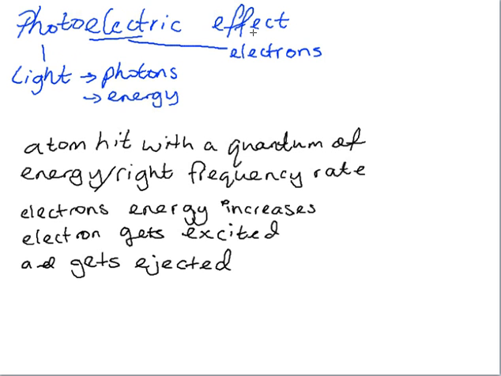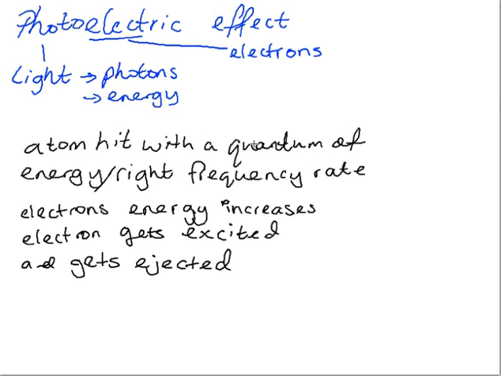So the photoelectric effect is actually when you hit an atom with a quantum of energy, which is the right frequency. A quantum of energy is light, and light is energy. When you hit it with a quantum amount of energy, the right frequency, the electron's energy increases, the electron gets excited, and it actually gets ejected out of the atom itself.